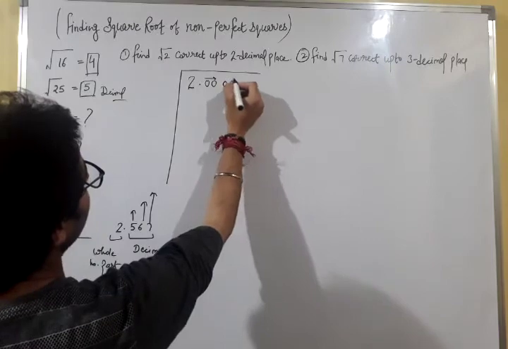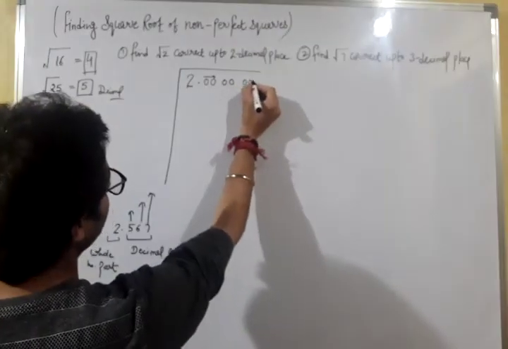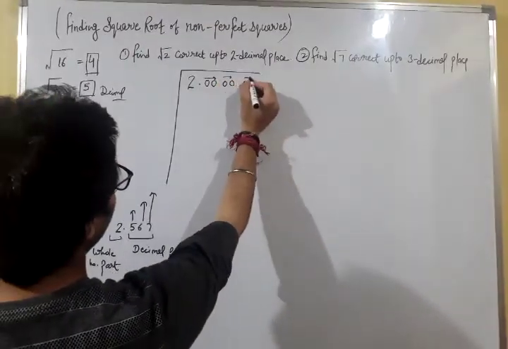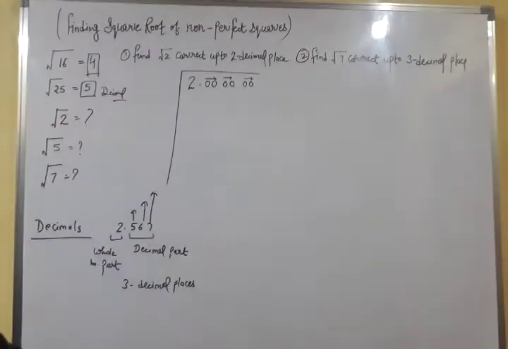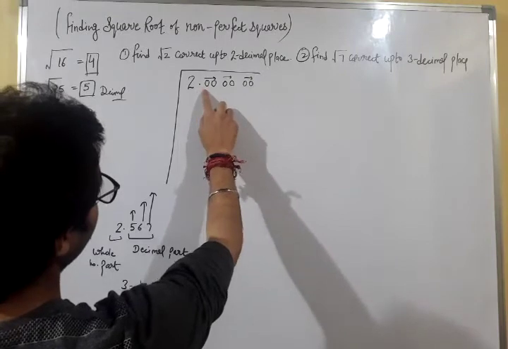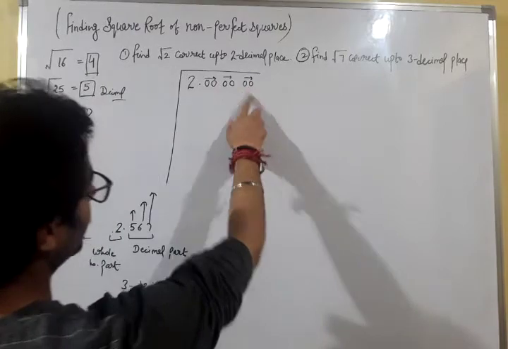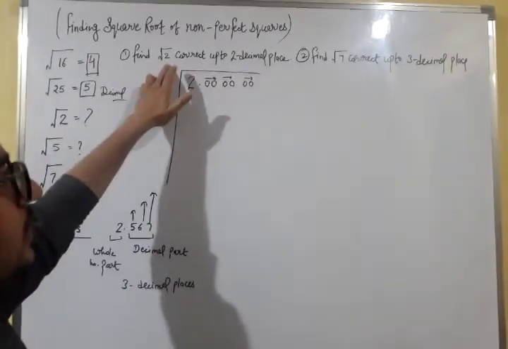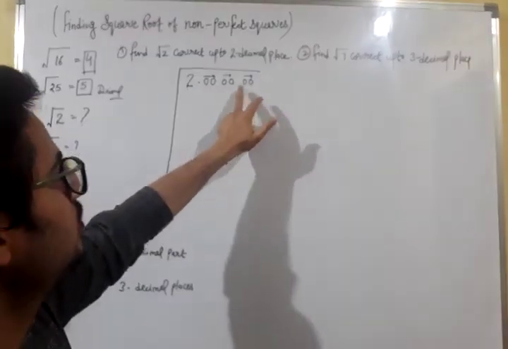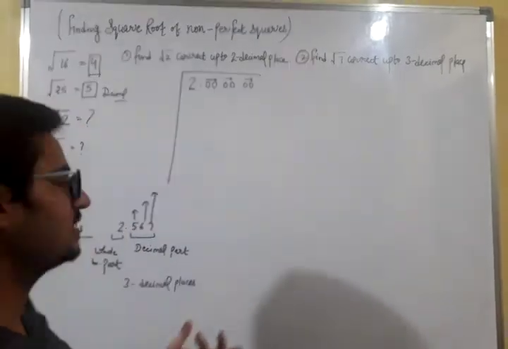The next two digits will make the second decimal place, and the next 20 will make the third decimal place, and the bar we will apply on two digits. After the decimal point, we will make pairs of two digits. Two digits means 20, 20 and 20, because we don't have any decimal part here. We can write 2 as 2.000000, because we can write as many zeros as we like.